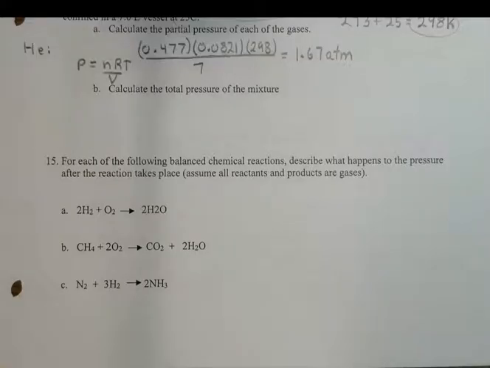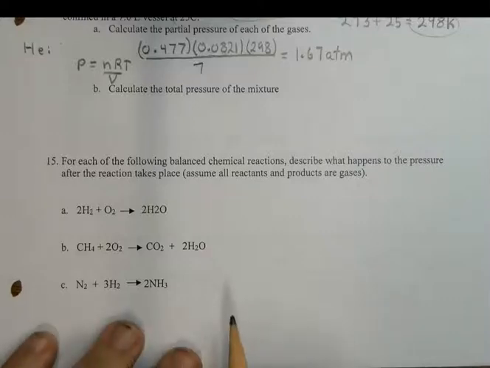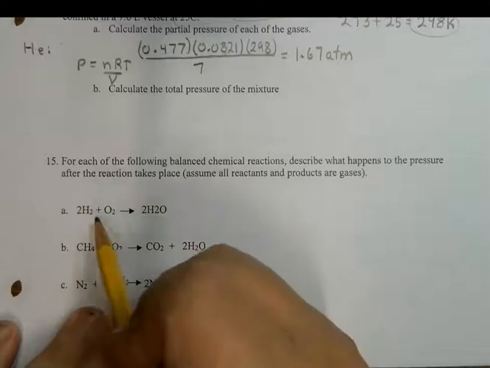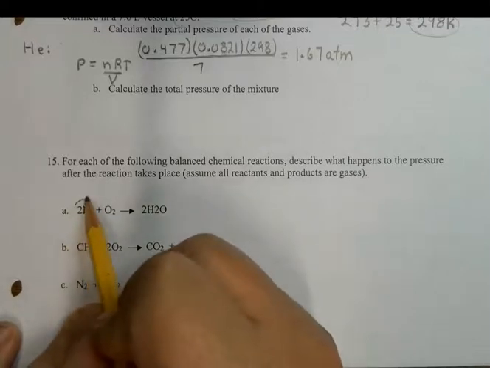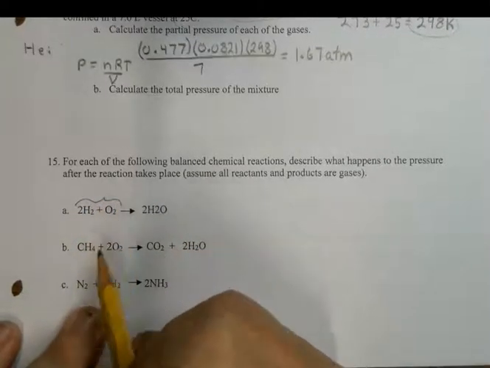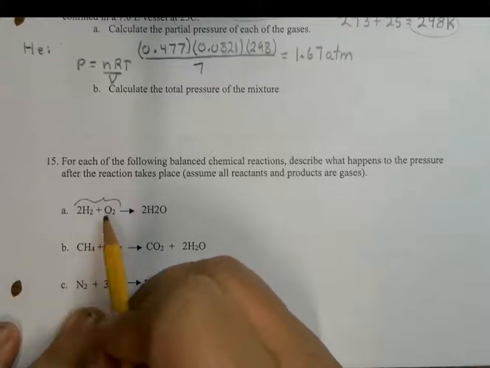Okay, number 15, and this is simple enough, we can do it on the paper. For each of the following balanced chemical reactions, describe what happens to the pressure after the reaction takes place. Assume that all reactants and products are gases. They're not all gases, you can't apply this, but if they're all gases, you can. So it's very simple. You count how many moles you have on the reactant side. And here we have 2 for hydrogen and we have 1 for oxygen.